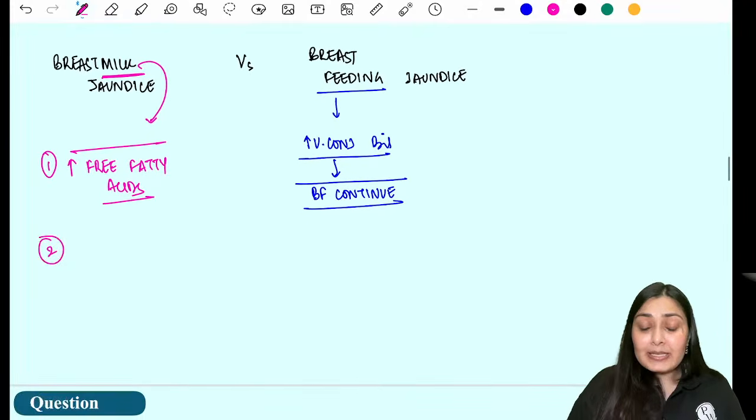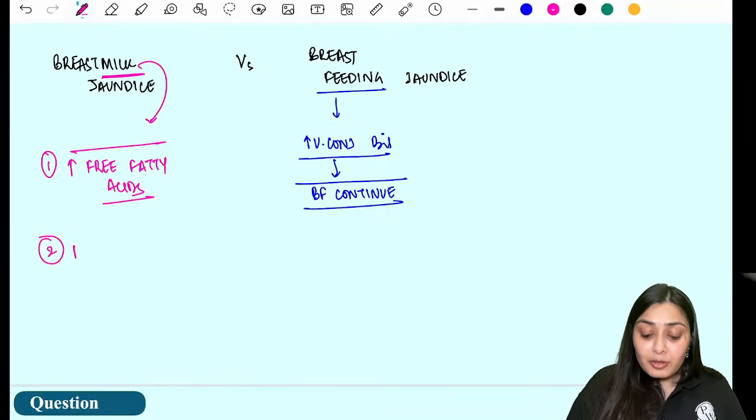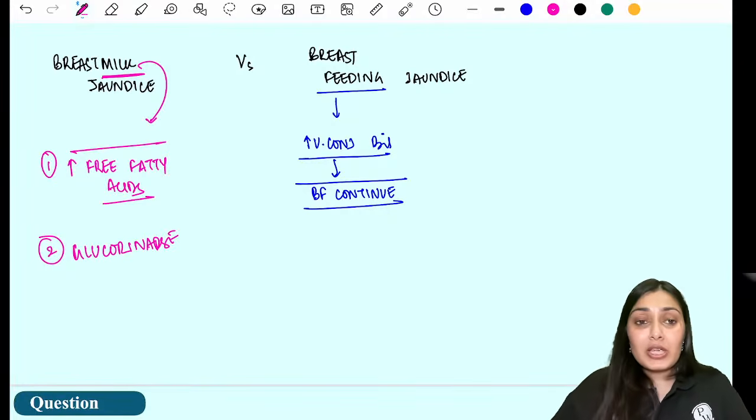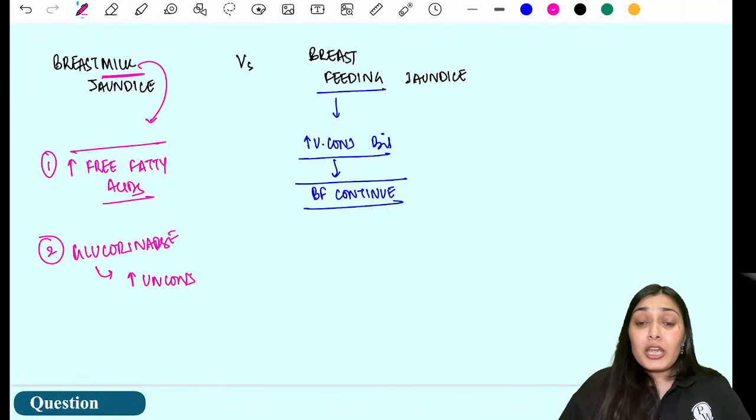Second theory says that there can be some substances in the breast milk like enzymes that break down the conjugating enzyme beta-glucuronidase and thus lead to high levels of unconjugated bilirubin, right? Some say that there can be affection of the enterohepatic circulation.